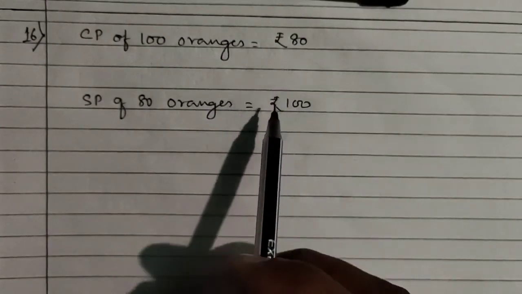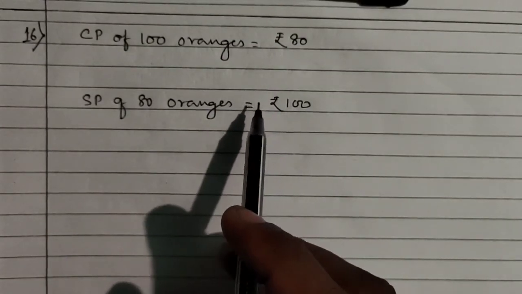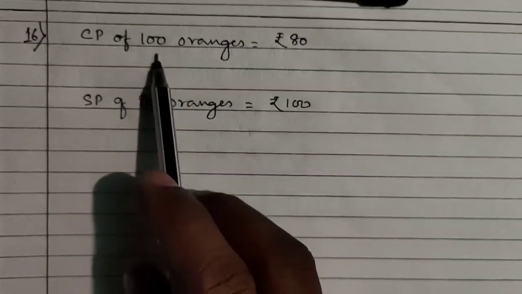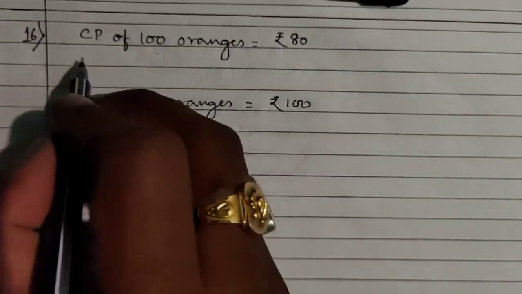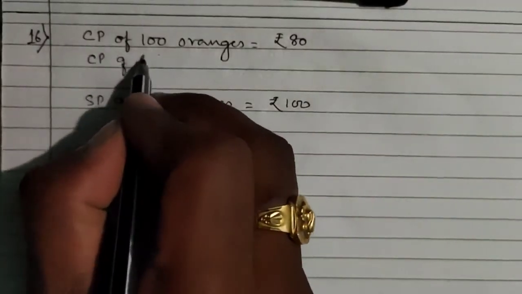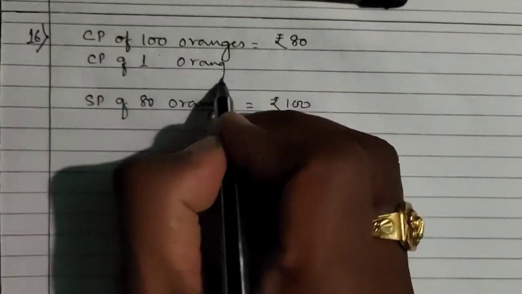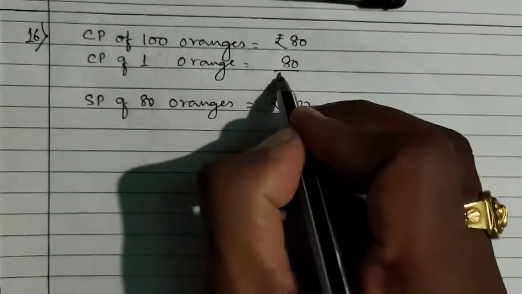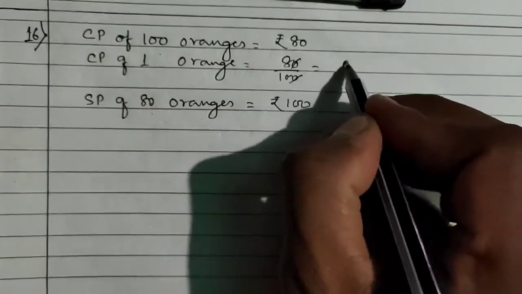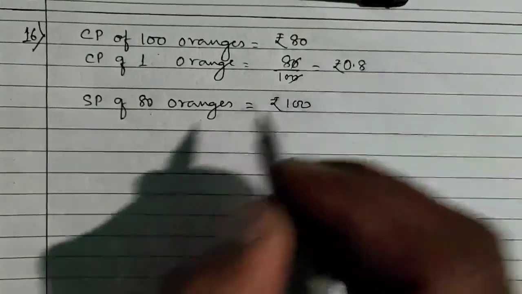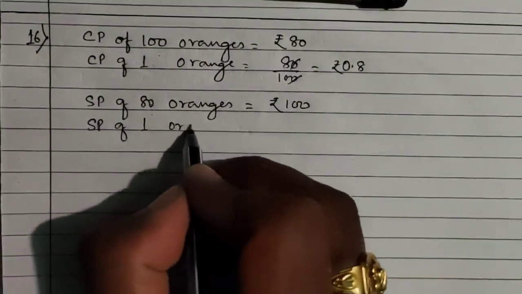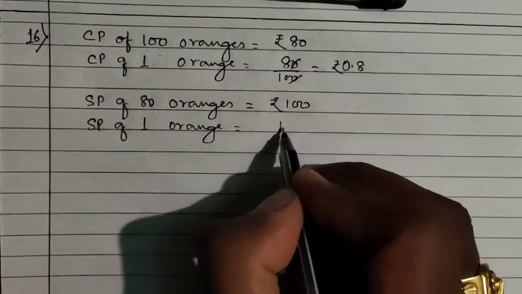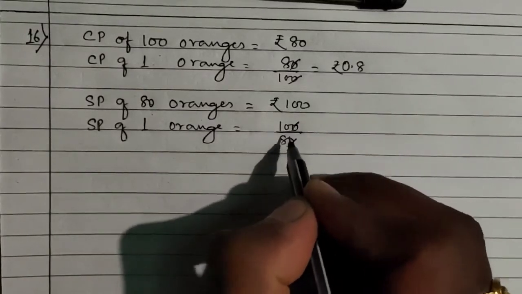Here directly we can see that it is a case of profit, but the number of oranges is different. So first we will make the number of oranges the same by making it 1. We will calculate CP of 1 orange is equal to 80 by 100, that is 0.8 rupees. Now we will calculate SP of 1 orange is equal to 100 by 80.